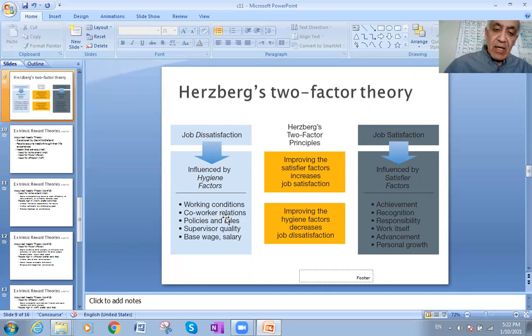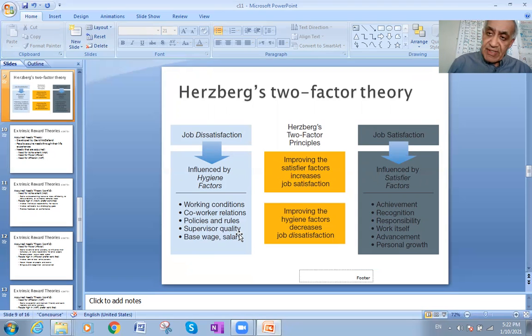And okay, policies and rules. This is also a point. If there are too much rules and this and that, people will start to be dissatisfied. Supervisor quality. If the supervisor is good with the employees and he's supervising in a very good manner, professional and at the same time kind, with sympathy to the employees, then there will be job satisfaction.